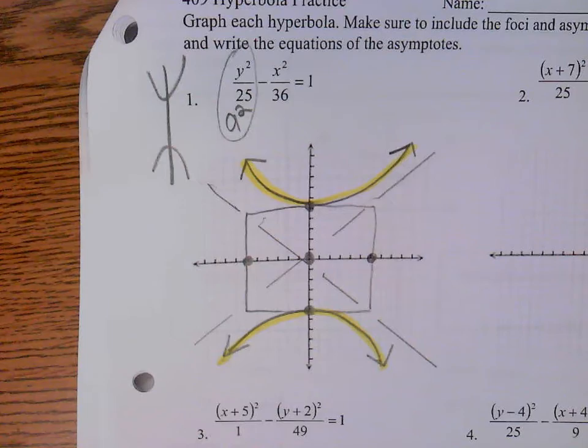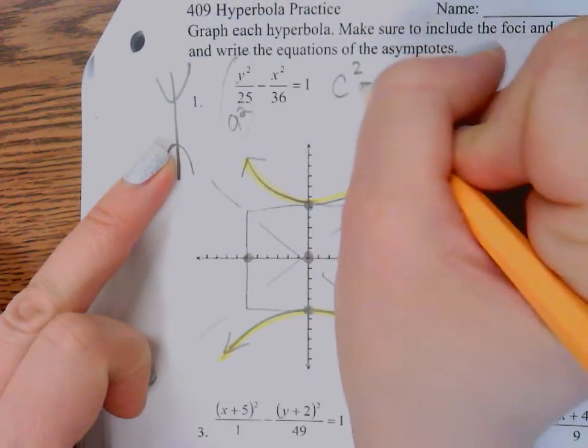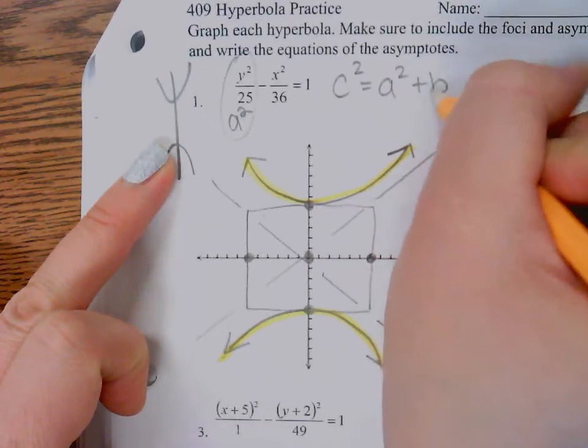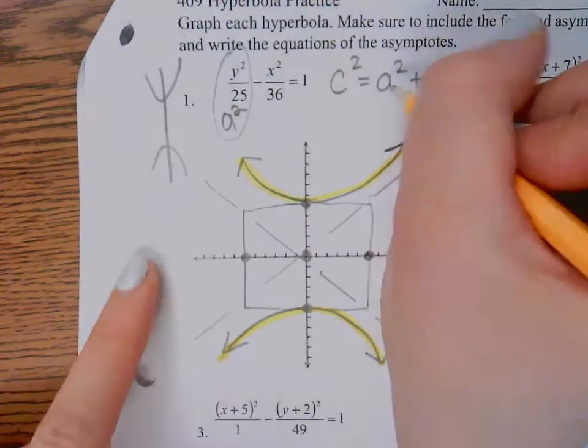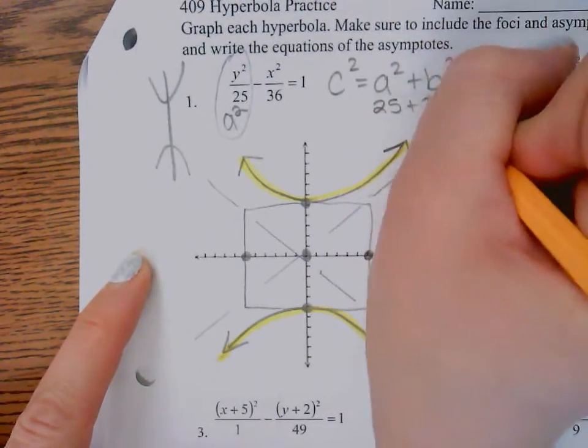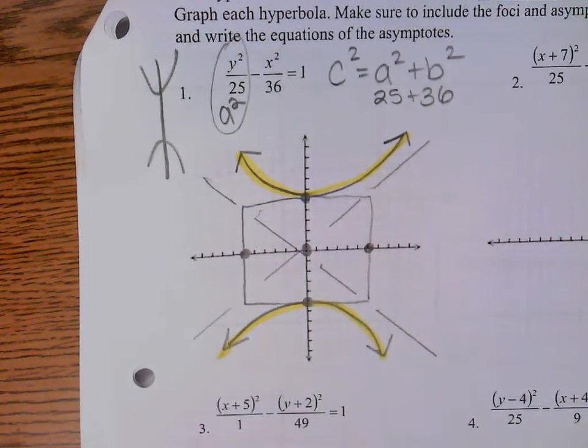So the C value I'm going to find using the equation C squared equals A squared plus B squared, and I'll give you that equation on your quiz. And so I'm going to add together 25 plus 36 and then take the square root of that to get C. So 25 plus 36 is 61.